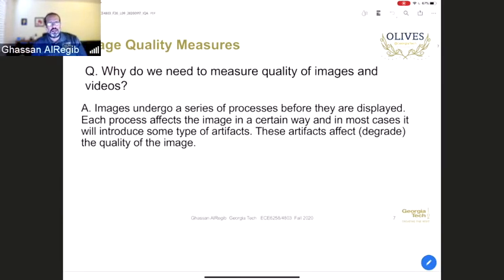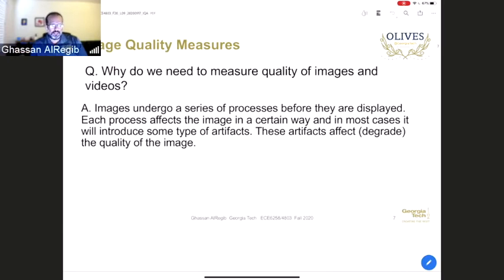You can think of these pairs, and the easiest one is really in compression, for example. When you capture the raw image or the raw video, it has the highest quality because you have not done any compression on it.